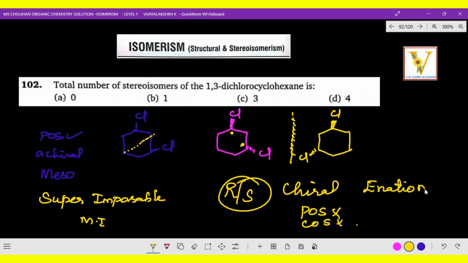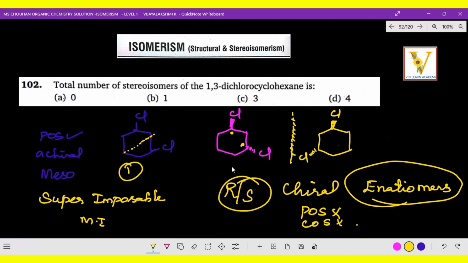How many stereoisomers are possible? The meso is one, and the enantiomers are two. So altogether three stereoisomers are possible for this compound. Hope you got the clarity.